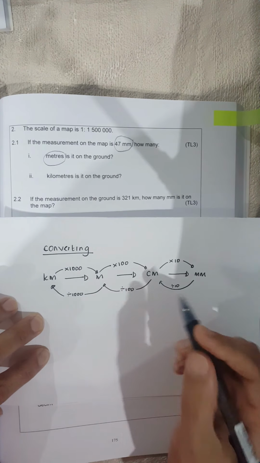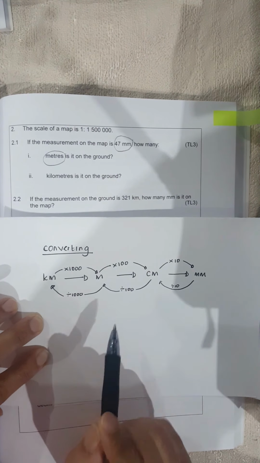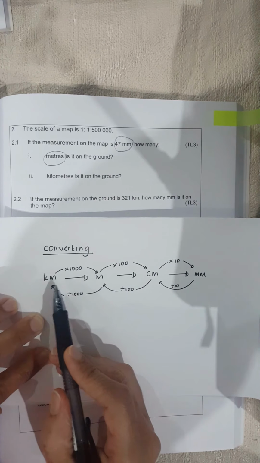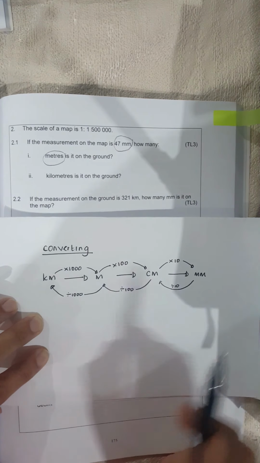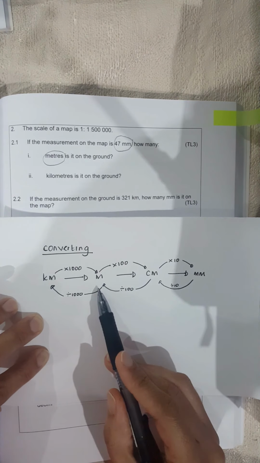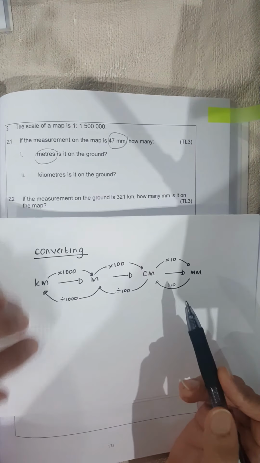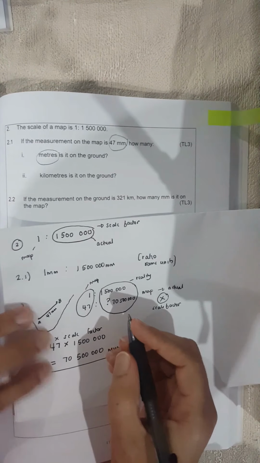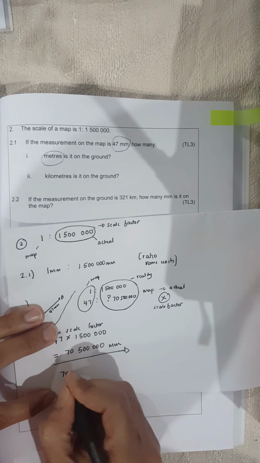You guys were good at these conversions, so I don't think the conversion part of it is the problem. We did a lot of examples on that. All you need to do is learn this off by heart, and write it somewhere on the top where you're doing your question. So we're going from millimeters to meters, we're dividing by 1000. So I'm going to divide from millimeters to meters.